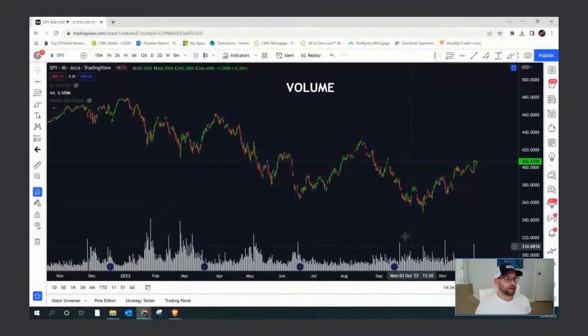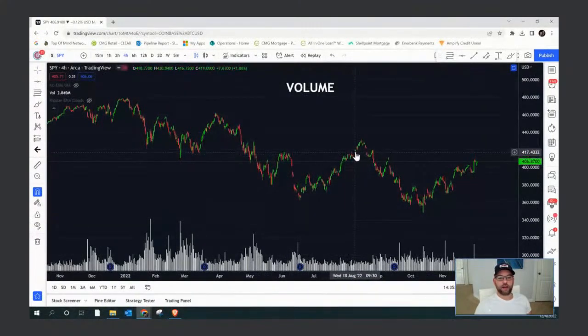So we can see right here, we had this uptrend all throughout here. But look at the volume. The biggest volume was at the bottom right here. And then as price goes up, the volume's declining. So that tells you that that's a pretty weak move to the upside. So you did clear this previous high right here.